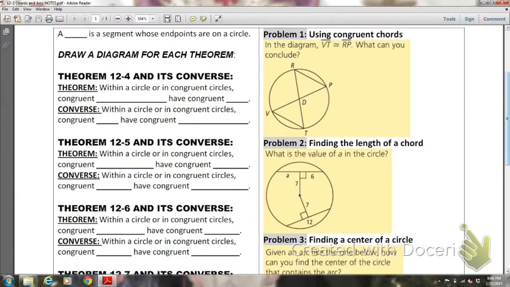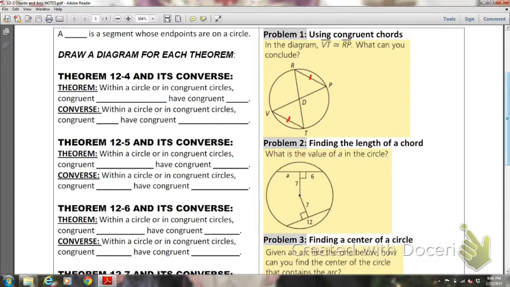In problem 1, we're using congruent chords. In the diagram, it indicates that segment VT is congruent to segment RP. So put some congruence marking there. And what can you conclude from that? Those are chords of the circle, and they're congruent chords.